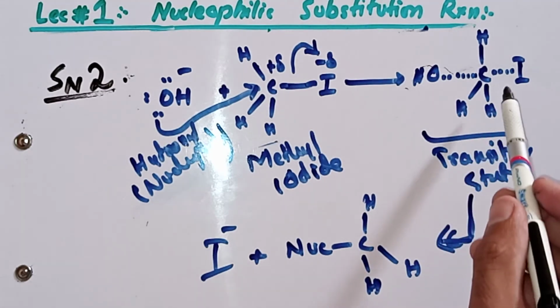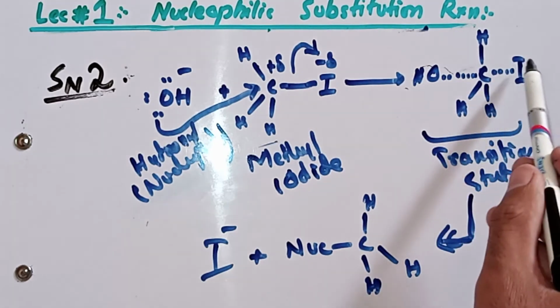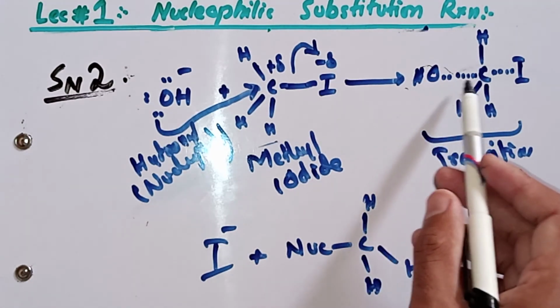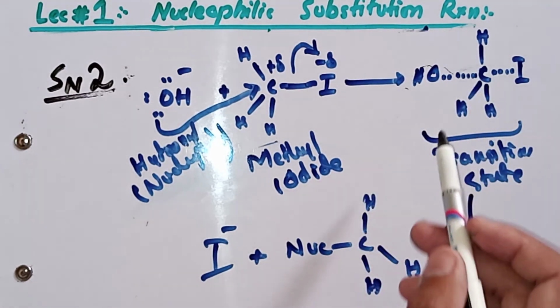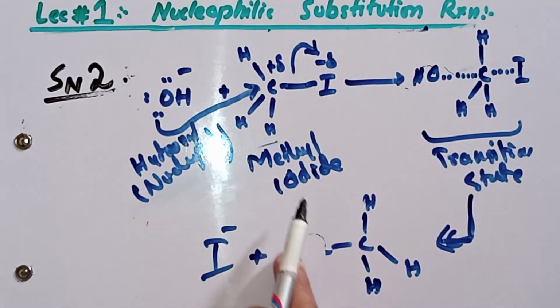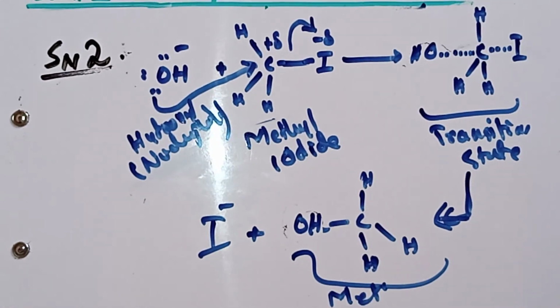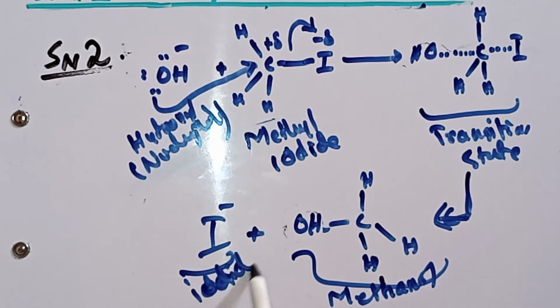After that, the bond between the leaving group and carbon will break completely, while the bond between the hydroxyl ion or nucleophile and carbon will be completely formed. So an alcohol will be formed. This is methyl alcohol, or methanol. Methanol and iodide ion will be formed. So this is the SN2 reaction.